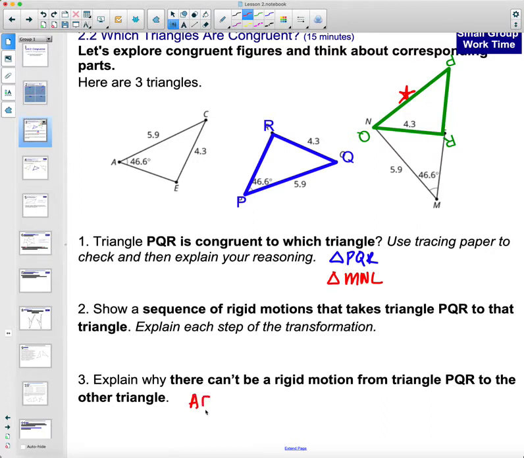So AE is not the same length as PR. Angle E is not the same size as angle R, the one it should be going with. And then angle C is not the same size as angle Q, so those corresponding parts weren't the same.